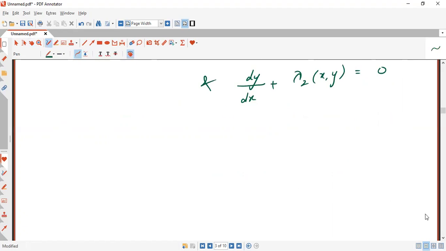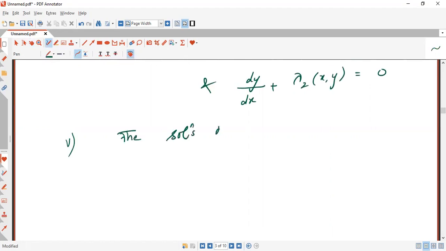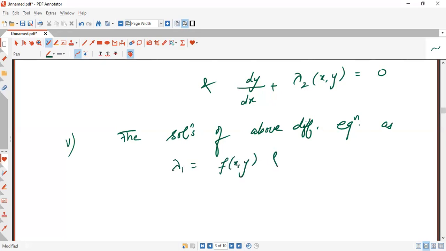All right. Next step, the fifth part. Let's say the solutions of the above differential equations are lambda 1 equals f(x,y), say, and lambda 2 equals g(x,y), say.